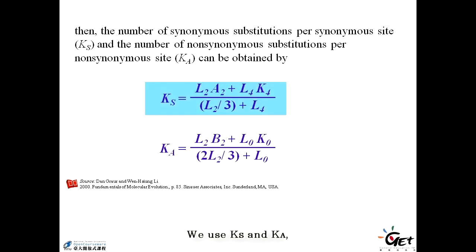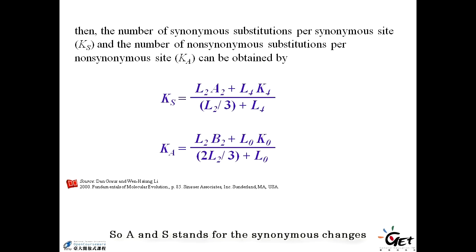We use Ks and Ka, so Ka over Ks comes from here. You see A and S stand for non-synonymous and synonymous changes: S is the synonymous change, A is the non-synonymous change. So you can calculate that. At the bottom is L2, the 2-fold degenerate sites.